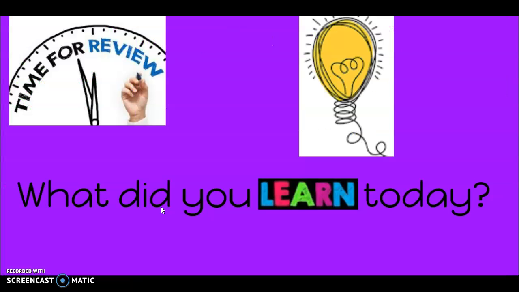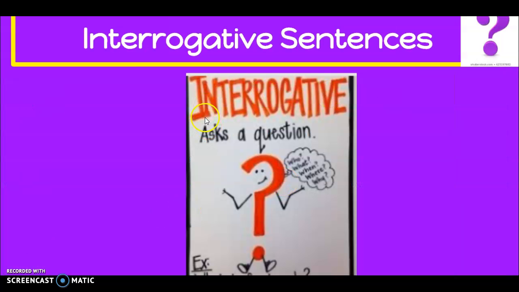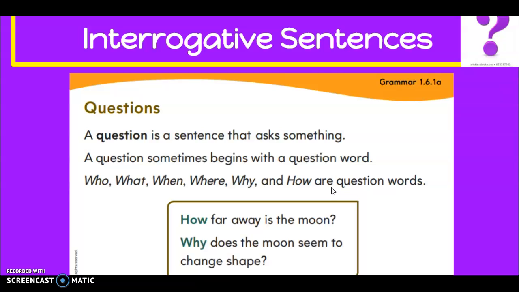Now, what did we learn today? First of all, we learned a very big word. This word is interrogative. Say that with me. Interrogative. An interrogative sentence asks a question. And we learned some question words. Who, what, when, where, why. We learned that a question asks something and that it sometimes begins with a question word, but it always ends with what?